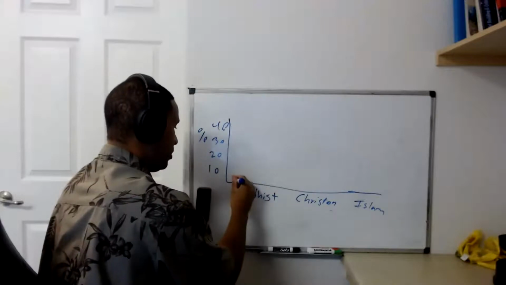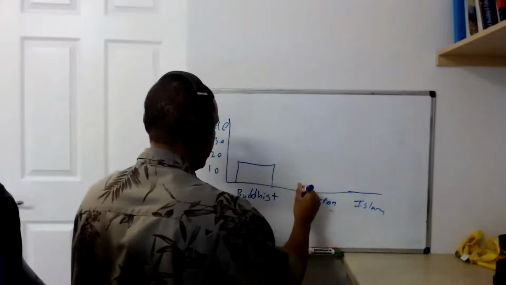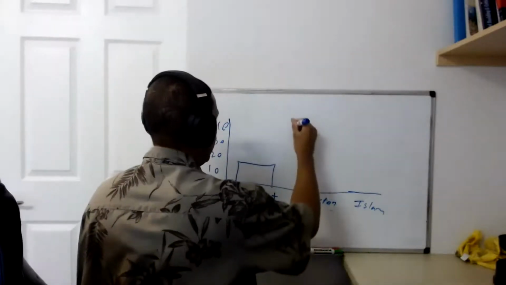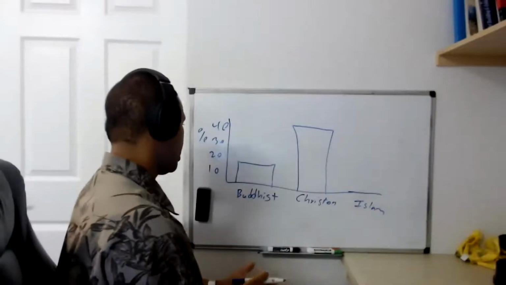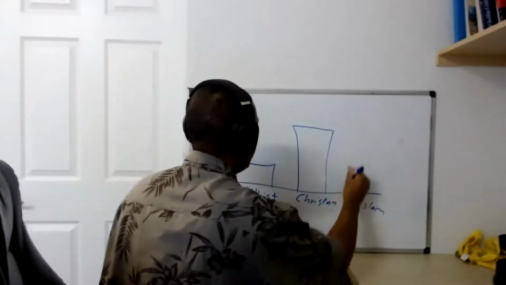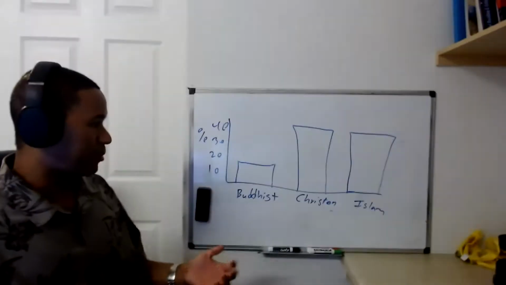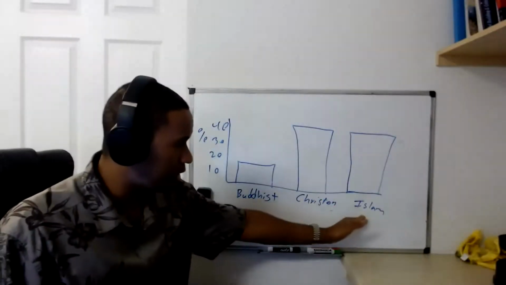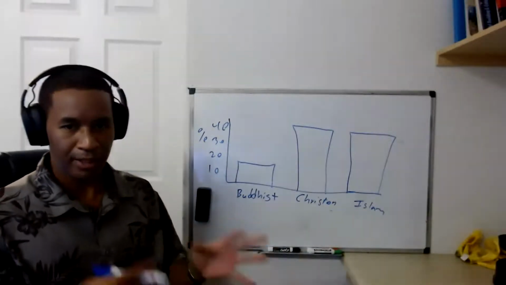Say 20% of the group is Buddhist, 40% is Christian, and another 40% is Muslim. So there's no reason for these bars to touch because they're separate, distinct categories. So that's a bar graph.